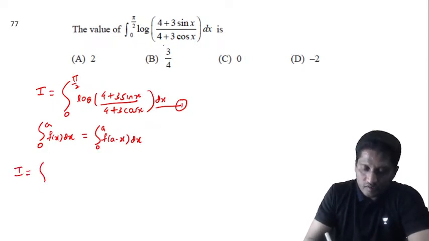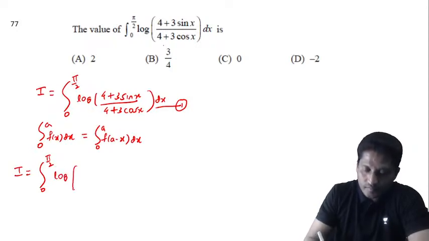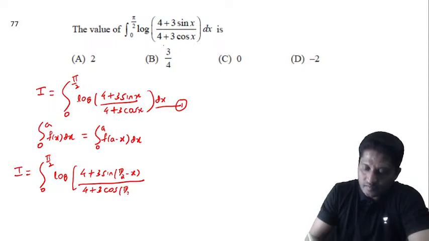I is equal to 0 to pi by 2, and then you get log of 4 plus 3 times sine of pi by 2 minus x divided by 4 plus 3 times cos of pi by 2 minus x.